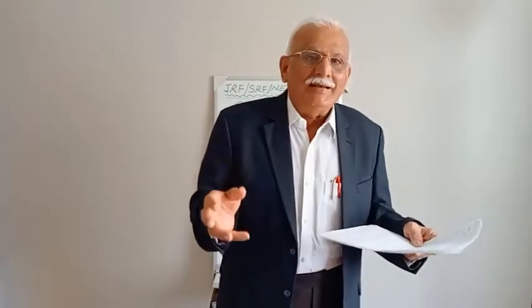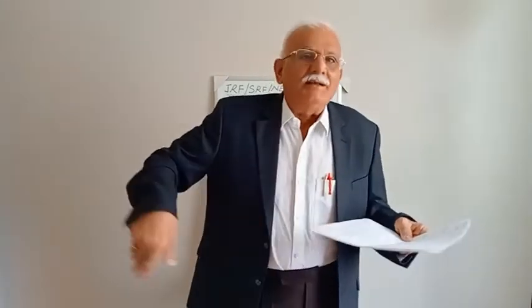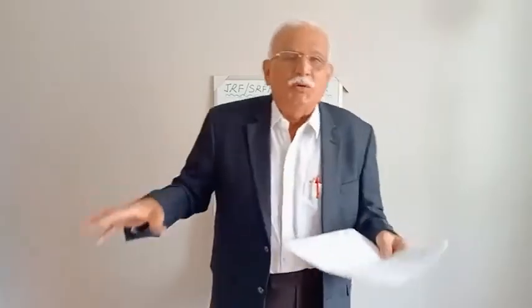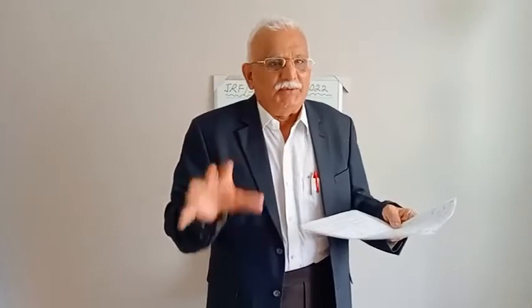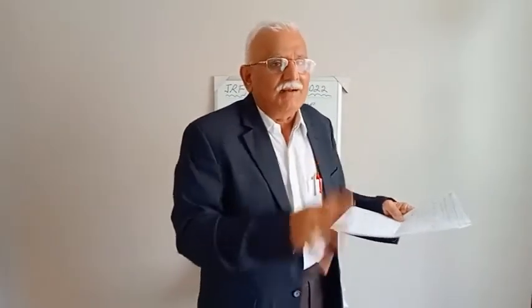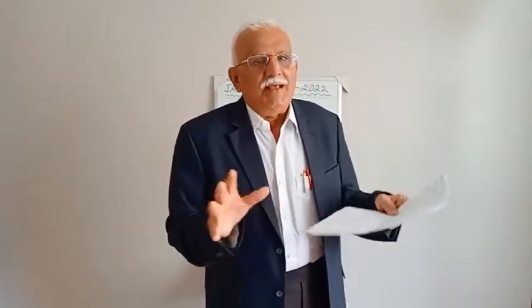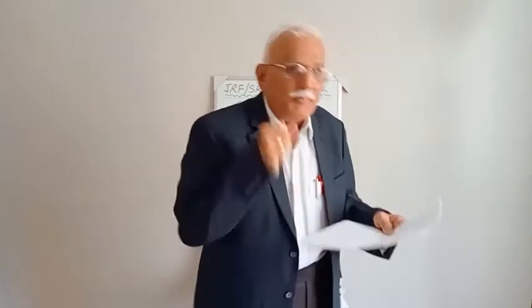The last bit for today's class is the latest botanical name of green gram. In southern India, in the Telugu language, we call it Pilli Pesara. In the national context, green gram is the widely accepted popular name.